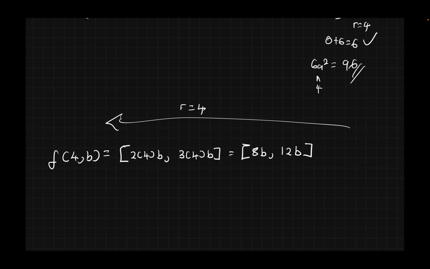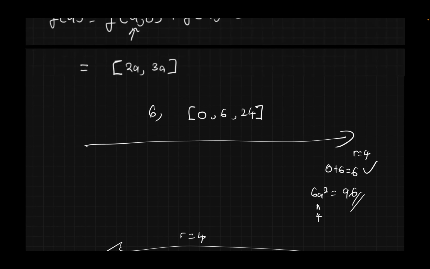So we're supposed to evaluate at 3 points, right? 0, 1, 2. If we evaluate at 0, that'll be what? 0 times 0, right? If we evaluate at 1, that'll be what? And evaluate at 2, that'll be what? This is what we had before.